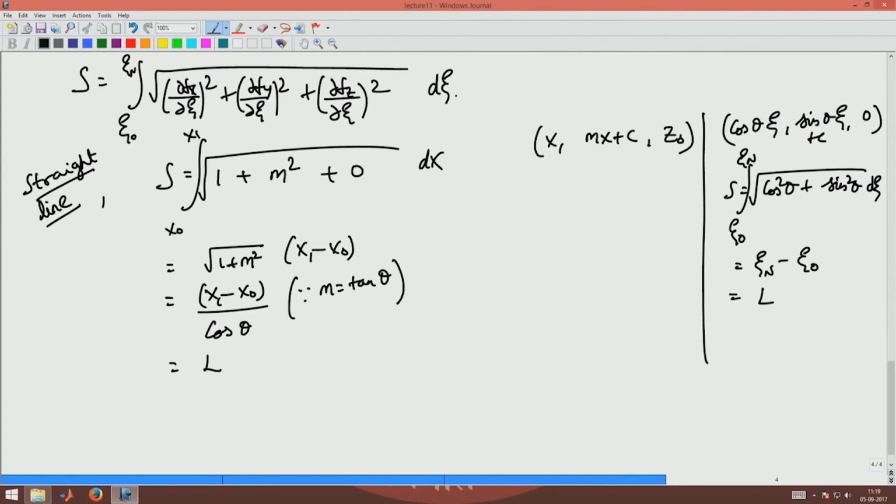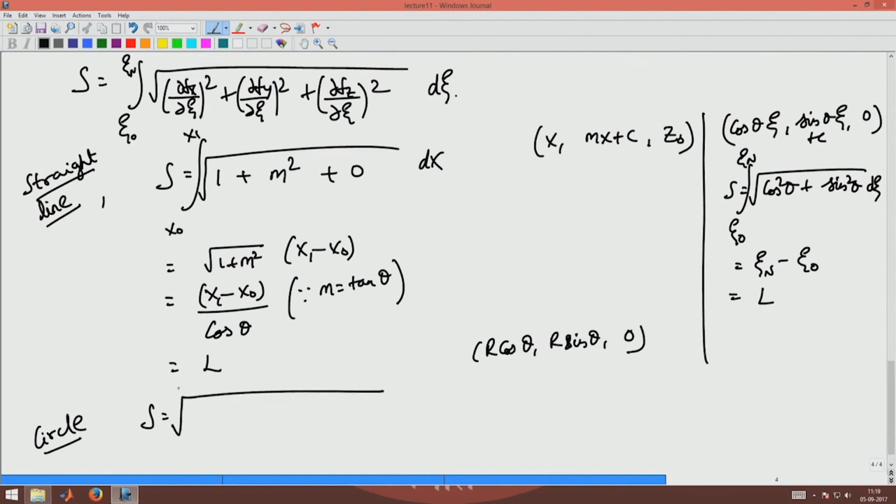Another example that we looked at was a circle, wherein for a circle you have r cos theta, r sin theta, 0 representing the circle.